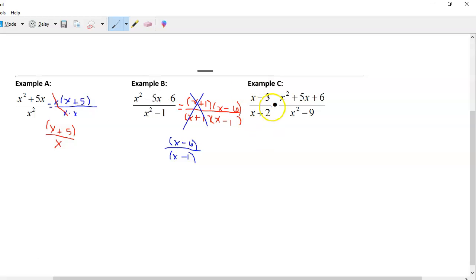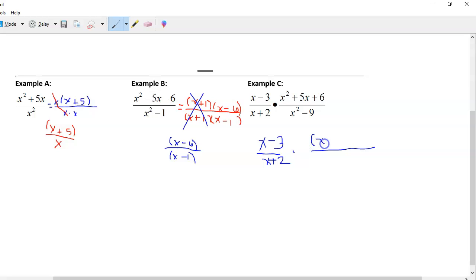So if I look at example C, I look at the first fraction, x minus 3 over x plus 2. I cannot factor that, okay? So that is what it is. But if I look at the second rational expression, which is x squared plus 5x plus 6 over, I can factor that.